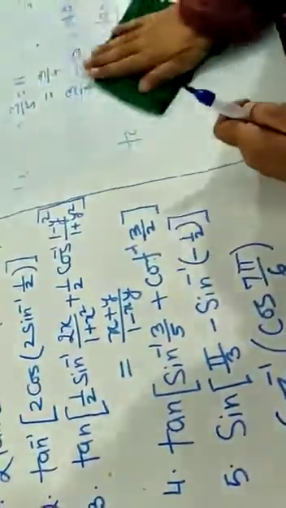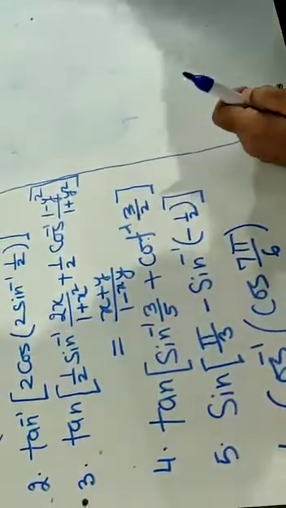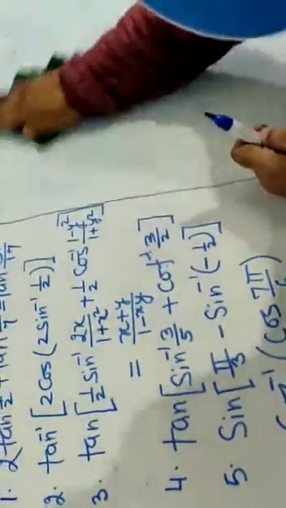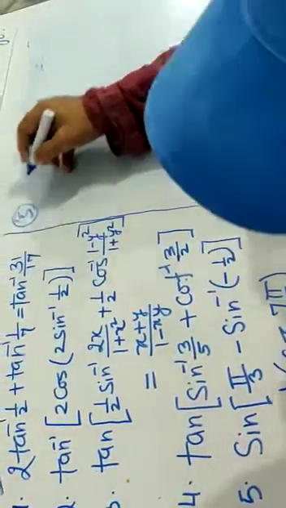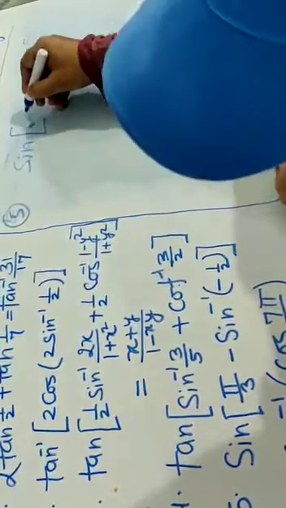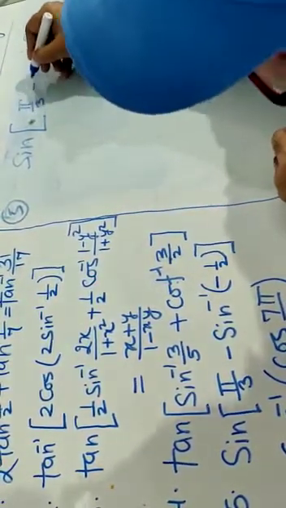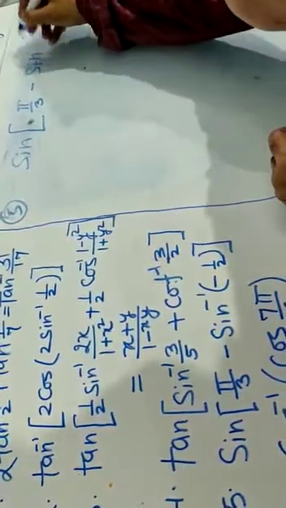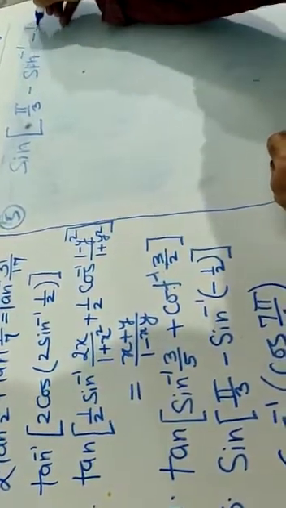Fifth question: sin of [pi by 3 minus sin inverse of minus 1 by 2].